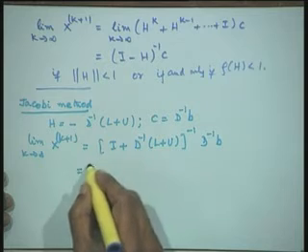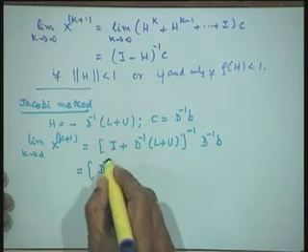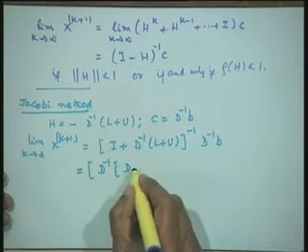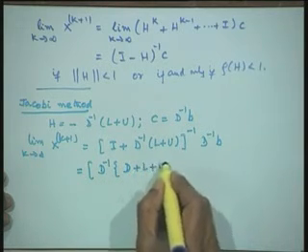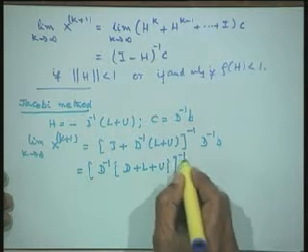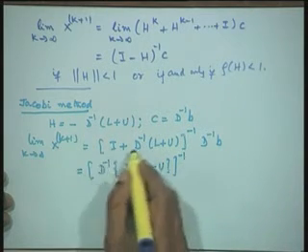Now, I will take D out from here. So, I will write down D inverse of D plus L plus U inverse. So, I have taken the common factor on the left.